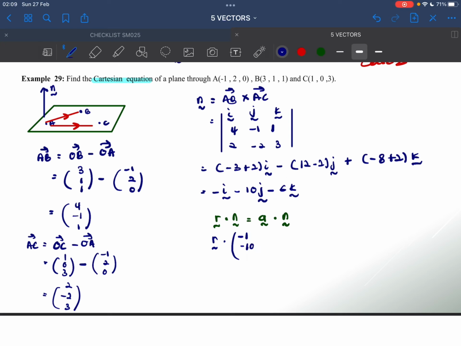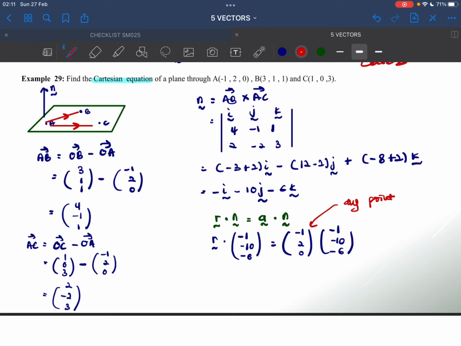A can be any point. You can choose A, B or C, it doesn't matter. You are going to get the same answer, and the normal is still negative 1, negative 10, negative 6.